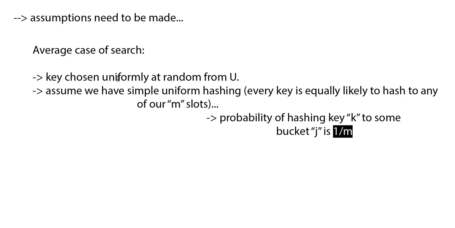Hopefully you see why. Because of this simple uniform hashing, we have 1 over m as the probability of hashing some key k to some arbitrary bucket. And that applies to any bucket, of course.